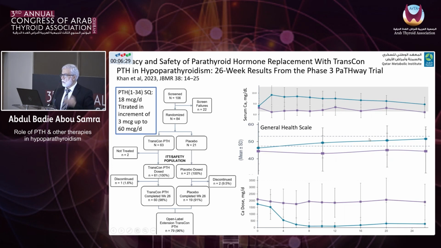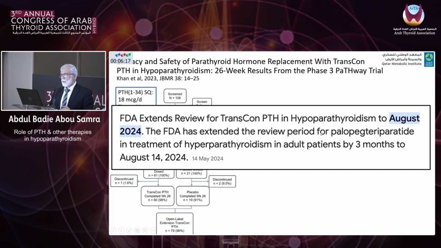This is the patient's experience and feeling, and that seemed to be improved, similar to control. This was supposed to be decided a few months ago, but the decision is postponed until August. We don't know if this will most likely be approved.